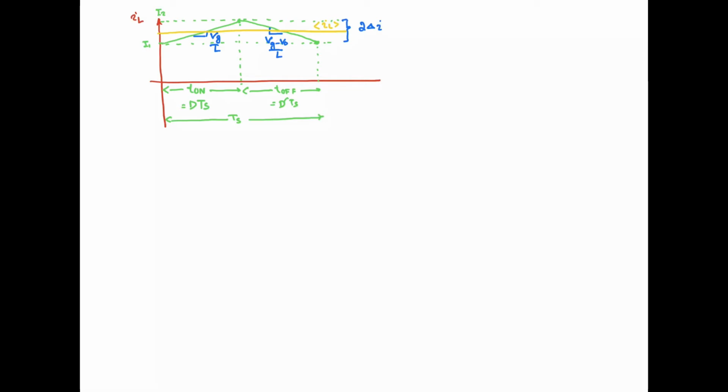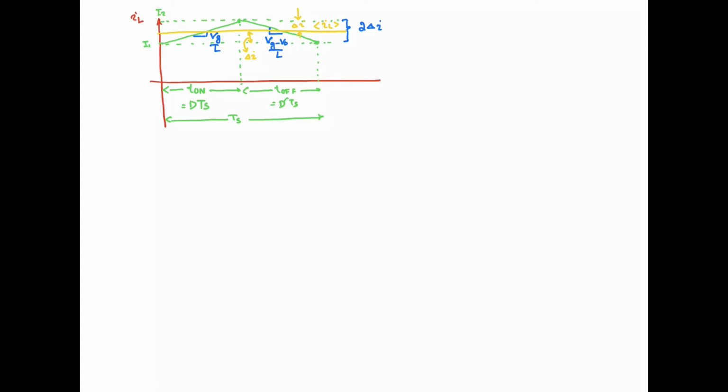The delta I is above this line, that is this part, and the delta I is below this average line to the minimum value. So the sum of these two is the 2 delta I. So the total ripple in the inductor current waveform is assumed to be 2 delta I.